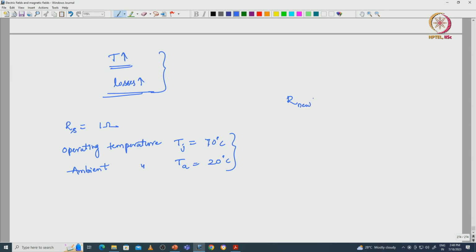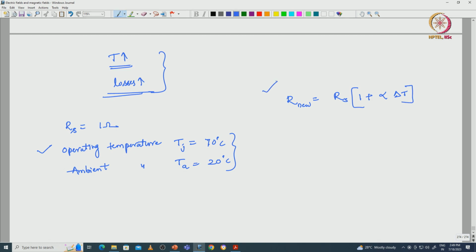R_new with respect to the operating temperature is equal to the stator resistance at the ambient temperature times (1 plus alpha times change in temperature).